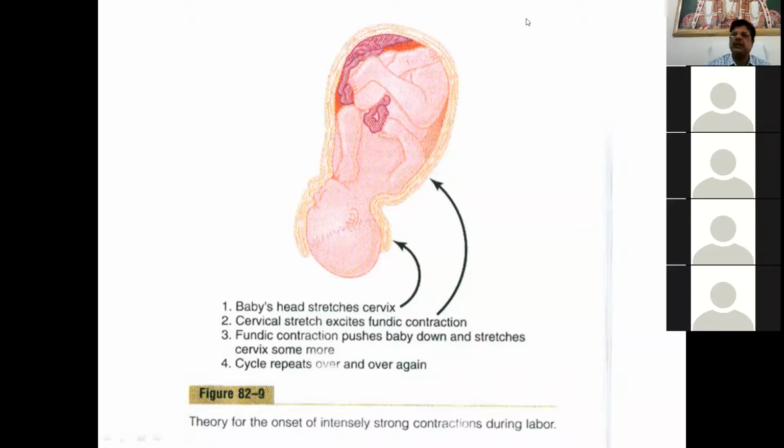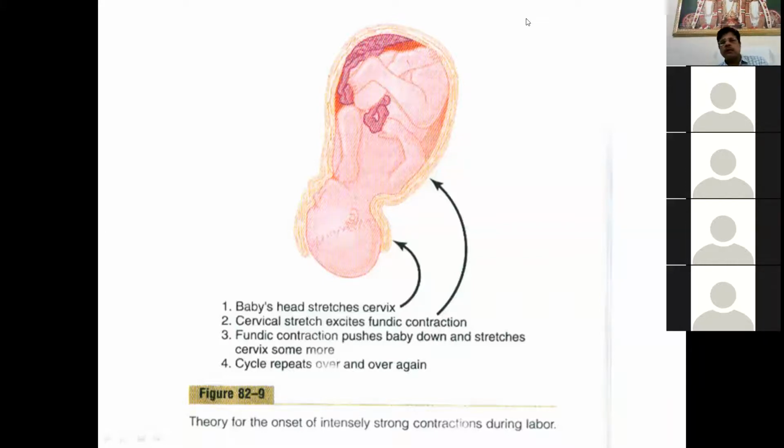One is at the time of parturition, which is called the parturition reflex. The other is after parturition, in postpartum mothers who are breastfeeding their babies. That is called the milk ejection reflex. And we had a detailed discussion and we saw why these two reflexes are called neuroendocrine reflexes.